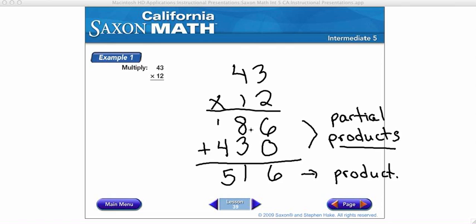Now, the reason I know that these are partial products is because if I take 43 and I use the distributive property, I'm going to multiply it times, actually let me back up, hang on.